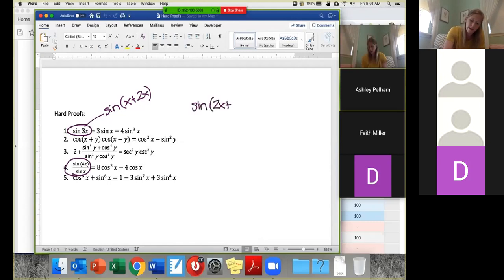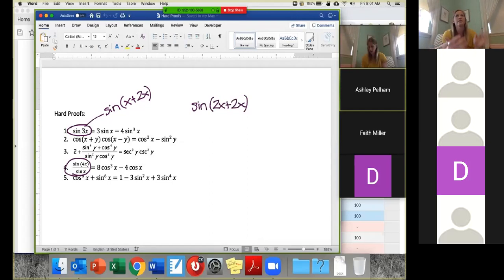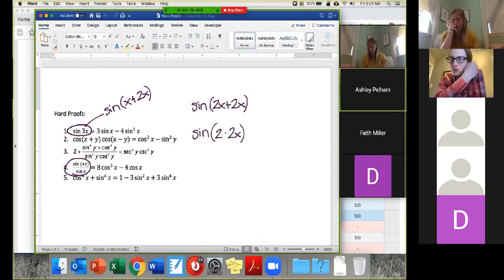Mm-hmm. And honestly, that one kind of comes easiest to me because for some reason it's easier to think about it as an addition problem. There is another way when it's an even number to think about it. You can think about it as sine of 2 times 2x, in other words, like a double angle identity.